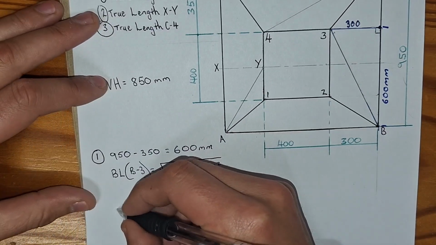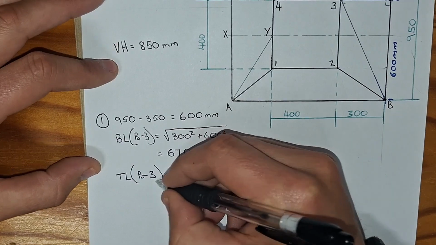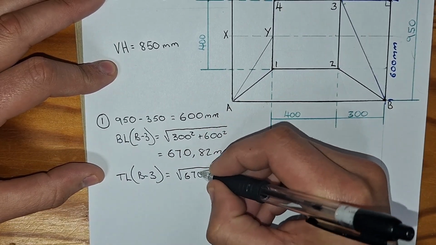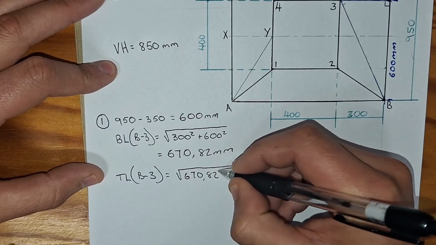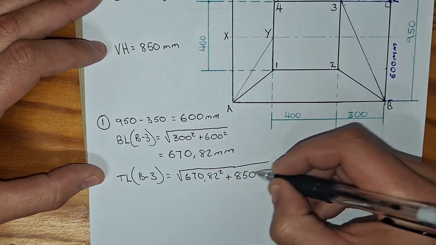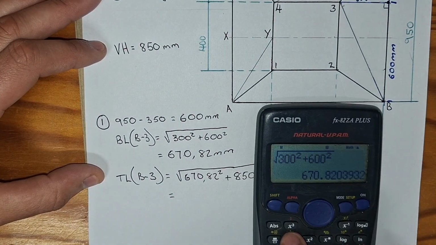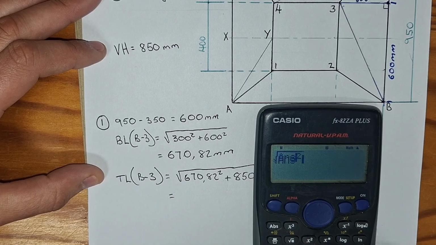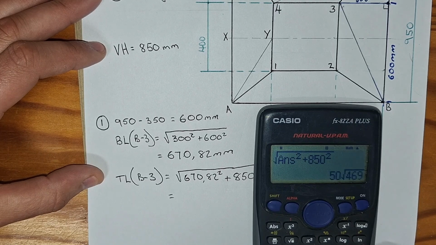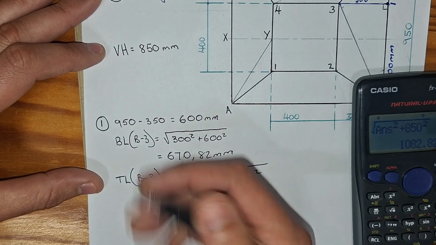Now we say true length B3 equals the square root of this value, 670.82 millimeters squared, plus the vertical height of 850 millimeters squared, which gives us a value of 1082.82 millimeters.